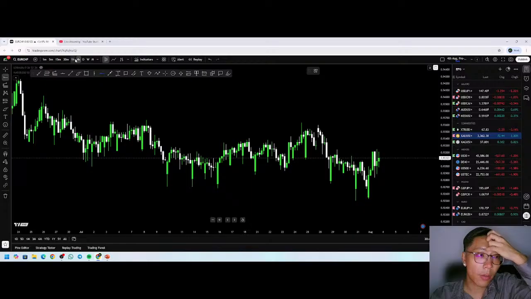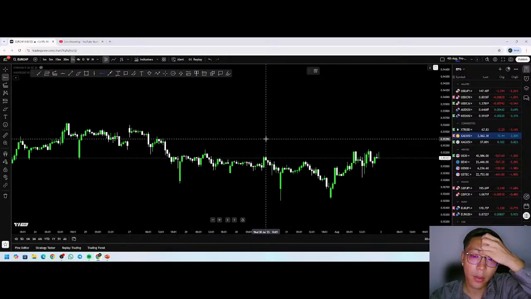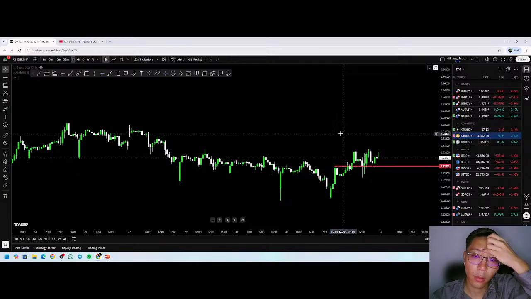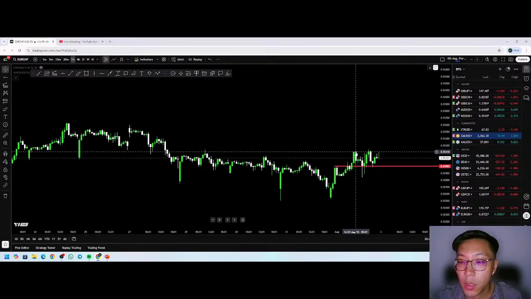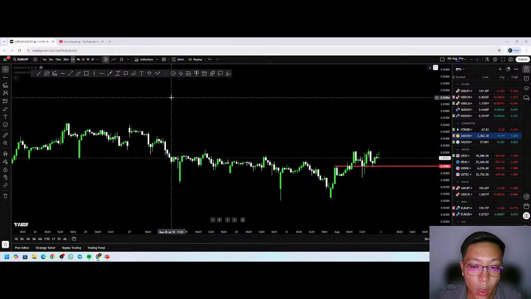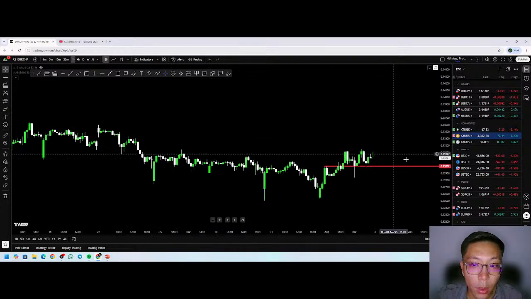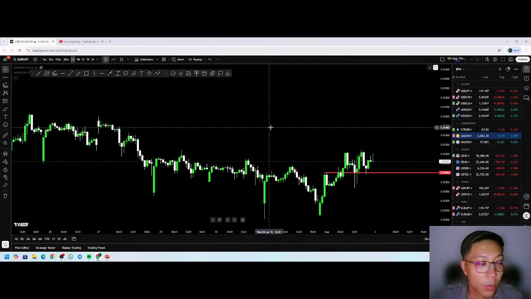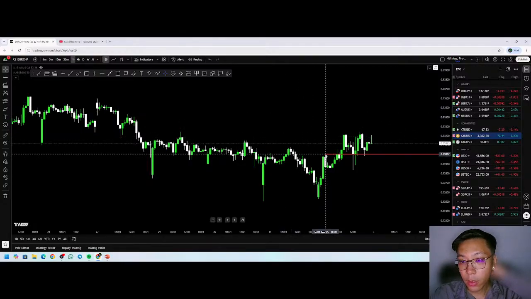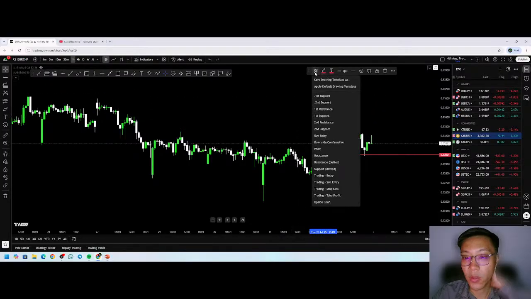Euro CHF, wow, this pair is messy. Okay, let me see, price broke above. Okay, I think we can stick to the bullish part for Euro CHF.